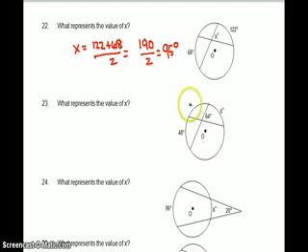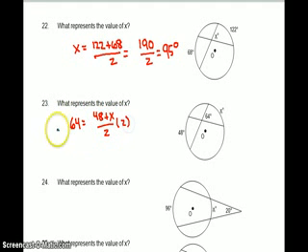Okay, now on 23, they also cross the middle, but this time we have the angle, we're looking for the other arc. So this time we'll put the 64 where the x was last time, so 64 equals 48 plus x divided by 2. Now the easiest first step is to get rid of this 2, so I'm going to multiply both sides by 2.